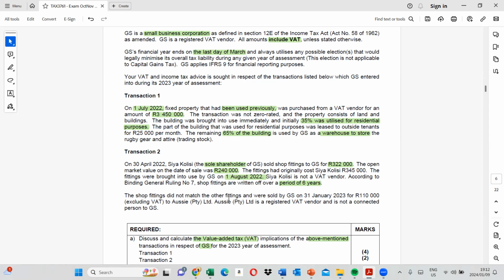And then let's look at: the shop fittings did not match the other fittings and were sold by GS on 31 January 2023 for 110,000. So they are selling it to Austin, which means now upon the sale, there is VAT output.